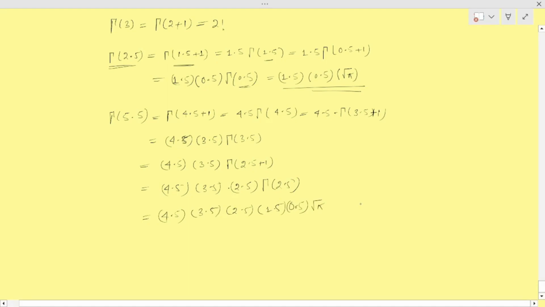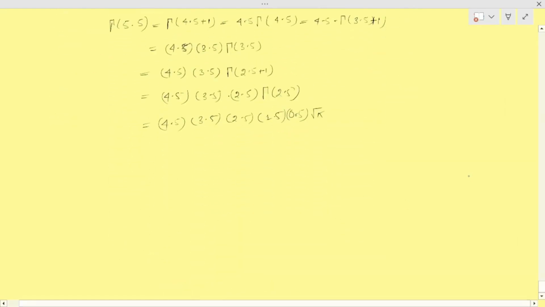Finally, the answer of the given question, gamma 3 into gamma 2.5 by gamma 5.5.